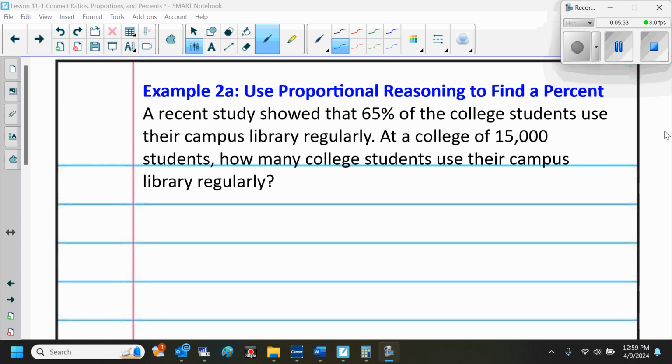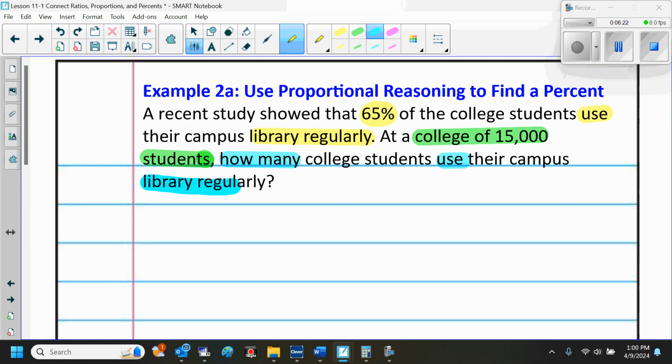So what is important here? 65% of the college students use the library regularly. What else is important here? 15,000 students. So the college has 15,000 students. And what are we looking for? How many use the library regularly.